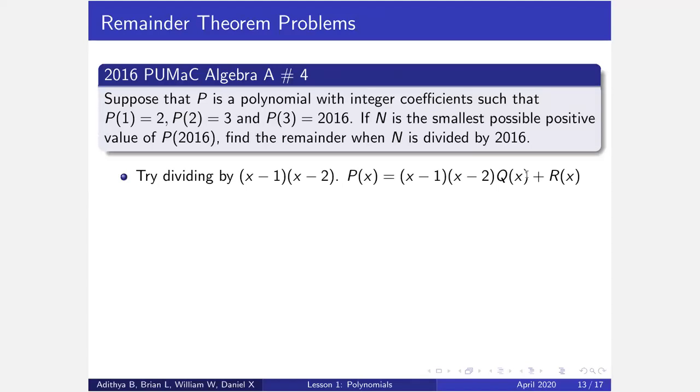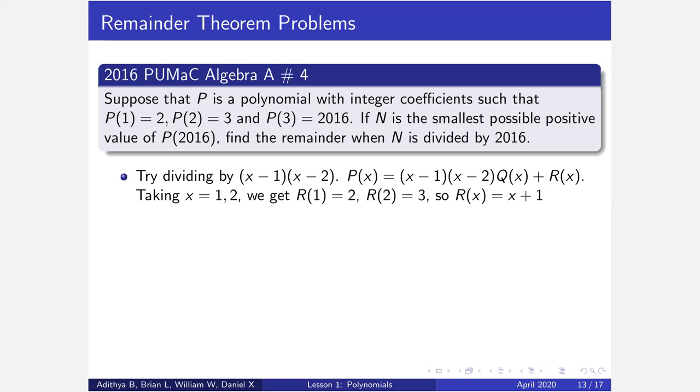And when we plug in x equals 2, we get r of 2 is 3. So given that r is linear, what do you think r is? I have two values of r. Yeah, r has to be x plus 1 because we have these two values for it.